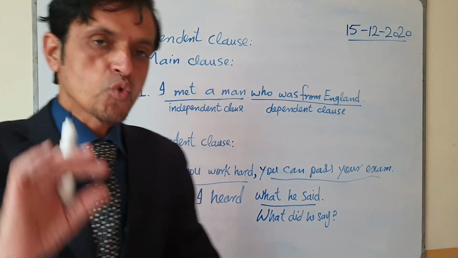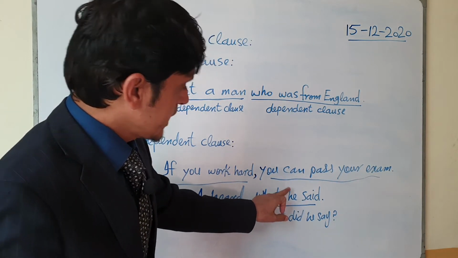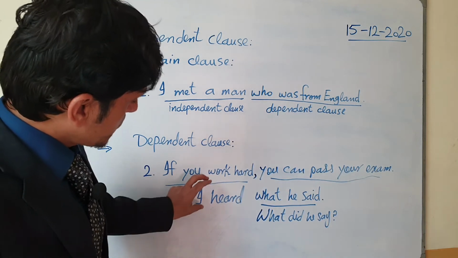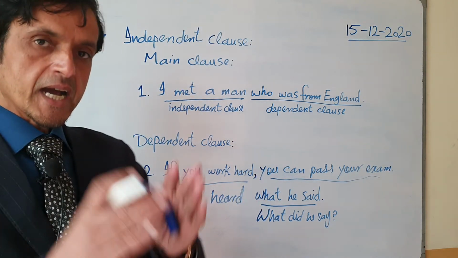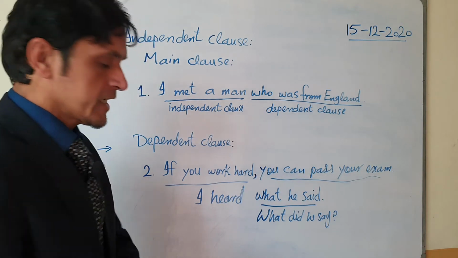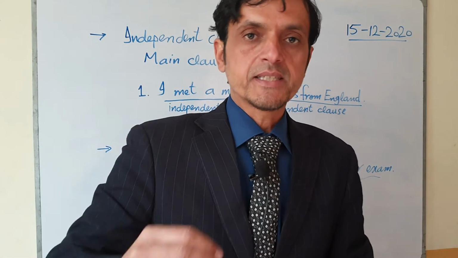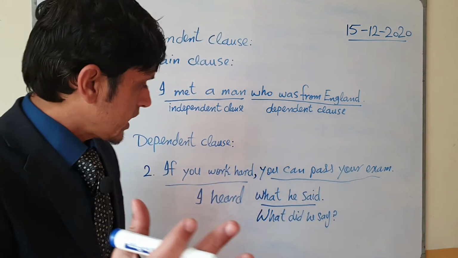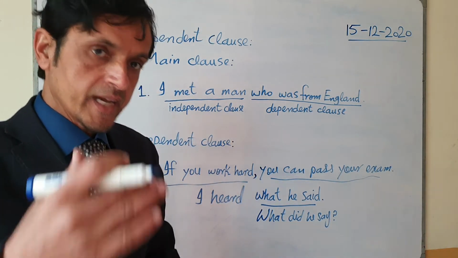From these two points we understand that it needs an independent clause, and if we put one with it, it becomes a complex sentence, a complete and correct sentence, and the meaning becomes clear: I heard what he said. This is basically a noun clause, but we will discuss these clauses in my next classes.